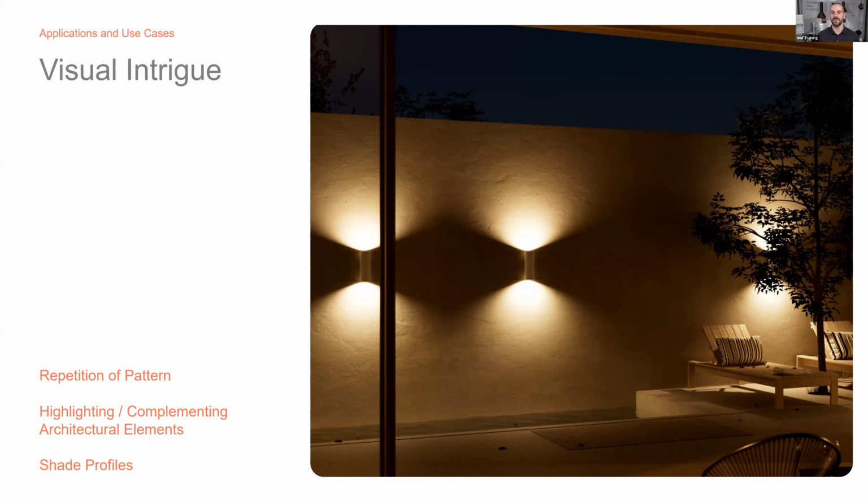But even just being able to position the light in a way where the light itself adds visual intrigue to a space. So like in this example, these wall mounts can create a nice, interesting pattern along this exterior wall, providing a lot of functional light throughout the perimeter of the space, but also adding in a unique decorative element or visual intrigue to what otherwise might be a plain, boring wall.